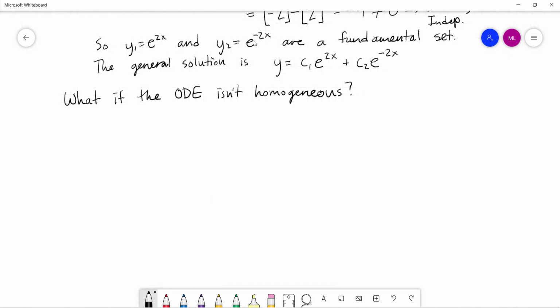In this case, the solution needs yet another piece, that we're going to call the particular solution.